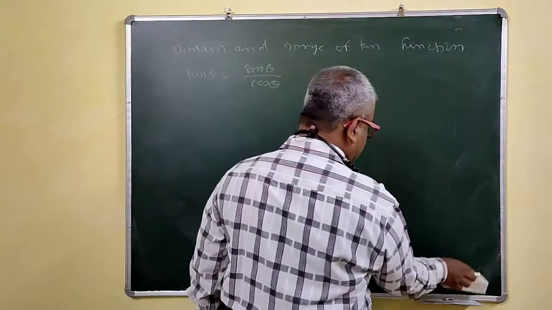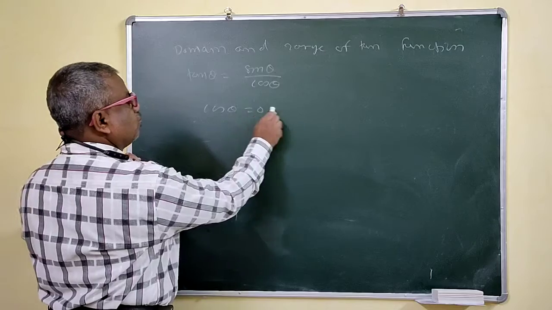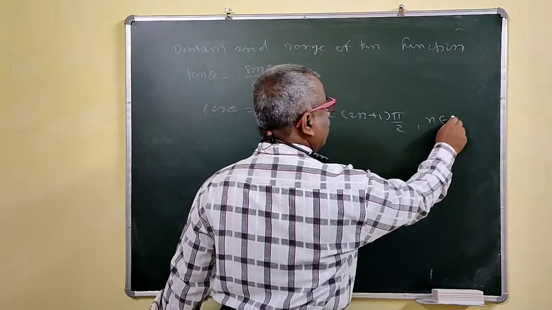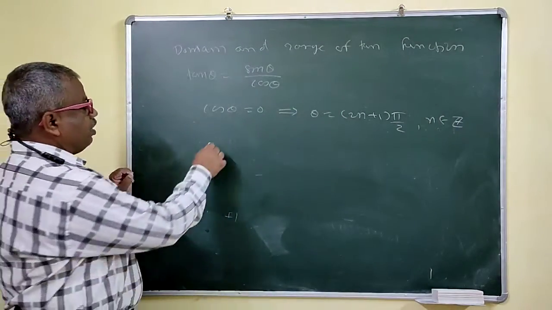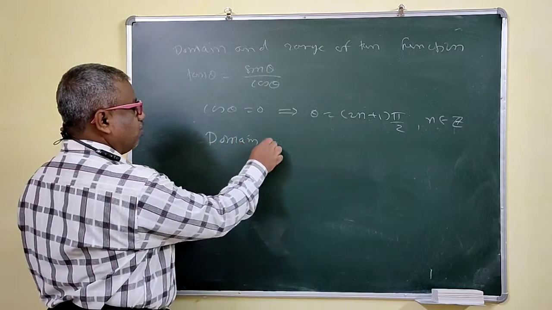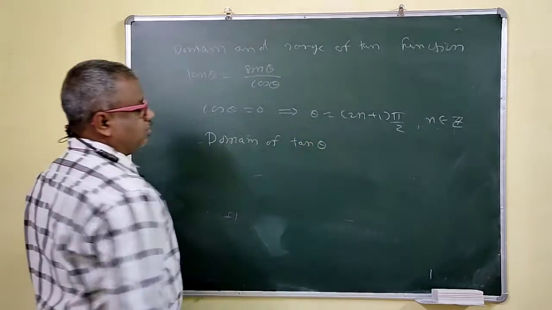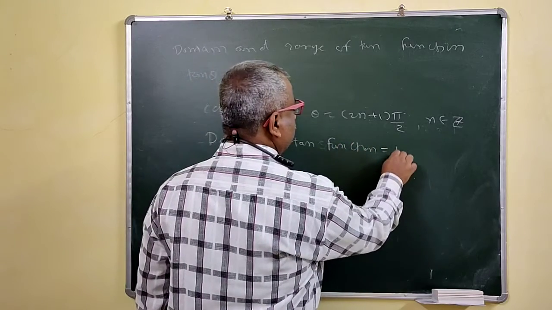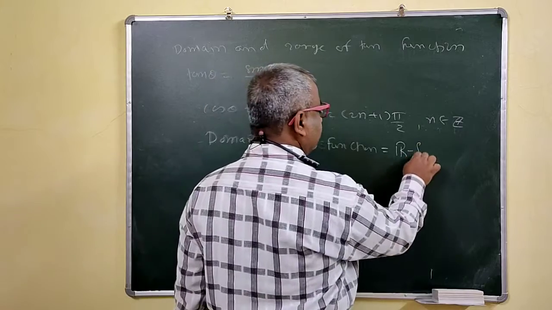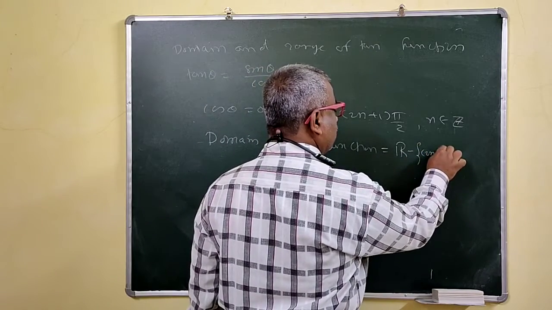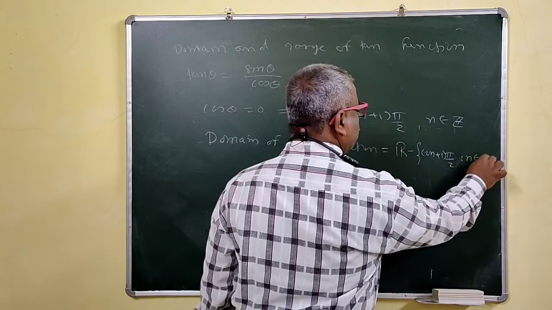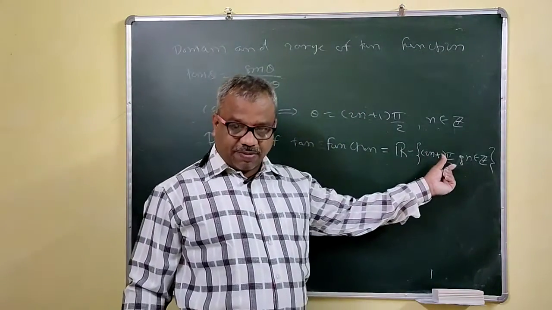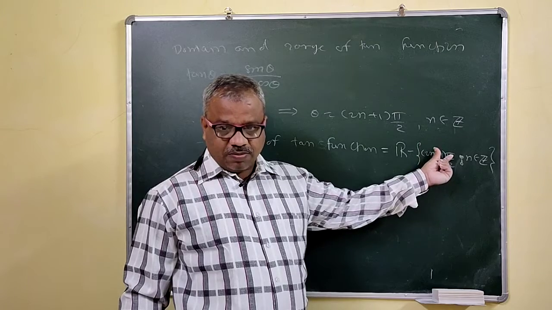Now where cos theta is 0, cos theta is equal to 0 implies that theta is equal to (2n plus 1) pi by 2, n belongs to Z. So the domain of tan theta, the domain of tan function, is equal to the set of R minus (2n plus 1) pi by 2, n belongs to Z. That means only odd integral multiples of pi by 2 are removed.